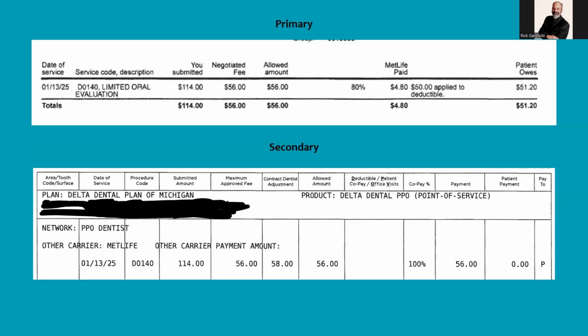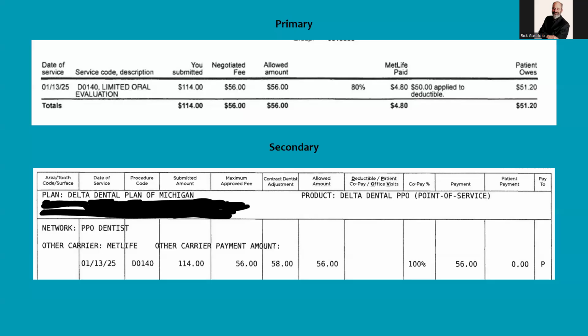The second Delta EOB notes that the other carrier is MetLife, and they based their allowance, the maximum approved fee, on the primary's allowed fee. So for this client, I just happen to know their Delta rate for a limited exam, a D0140, is $61.